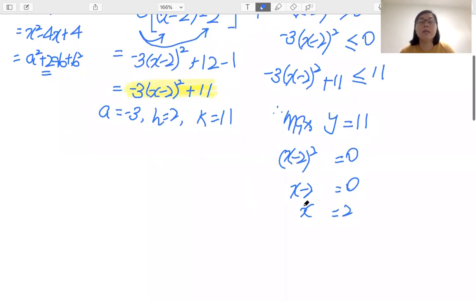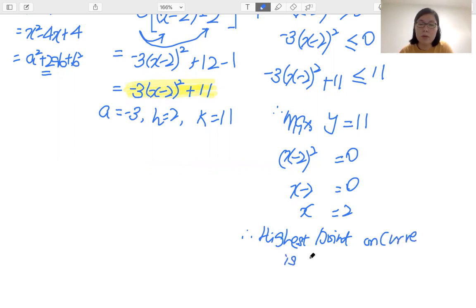All right, so that is the value of x when y is at the maximum. So therefore, highest point on curve. So basically, you need to actually conclude the question. Okay. Is 2, 11.